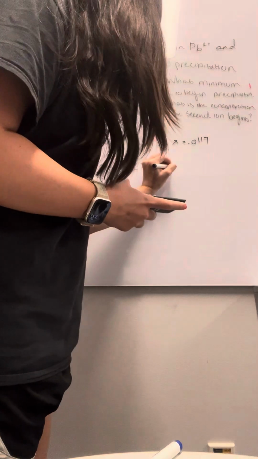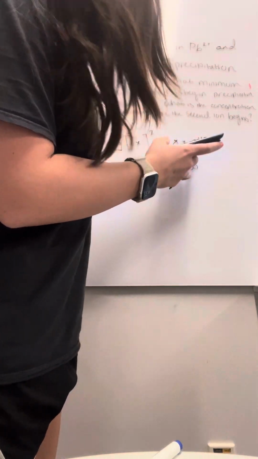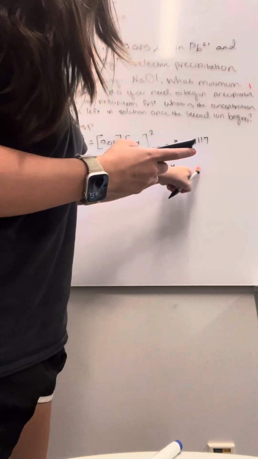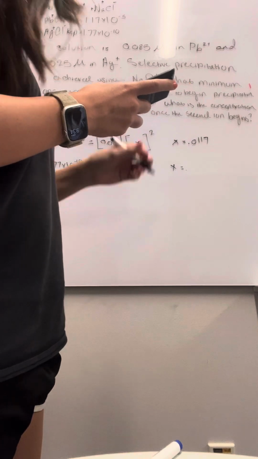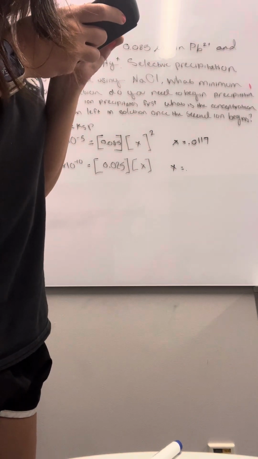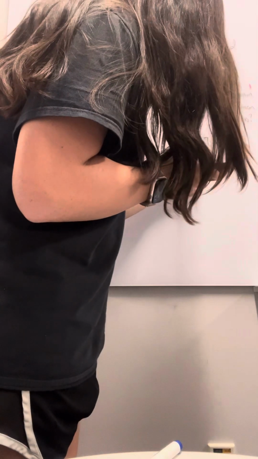So here I got that x equals 0.00. Well, this number is actually very small, so we're just going to write it to the negative power. So you're going to get 7 times 10 to the negative 9th.